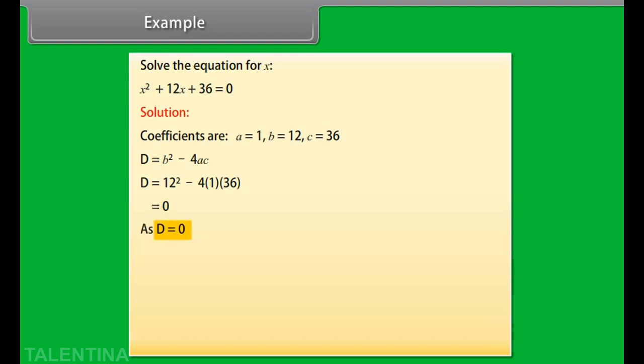As d equals 0, so the root is x equal to minus 12 by 2 into 1. Now solving, we get x is equal to minus 6.